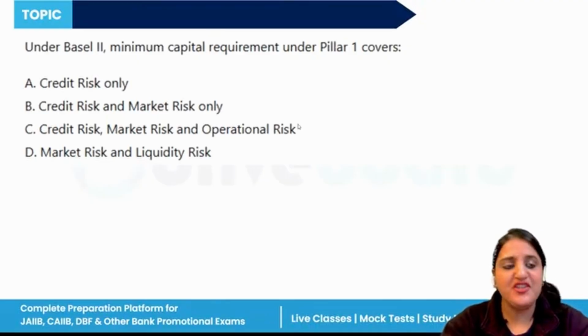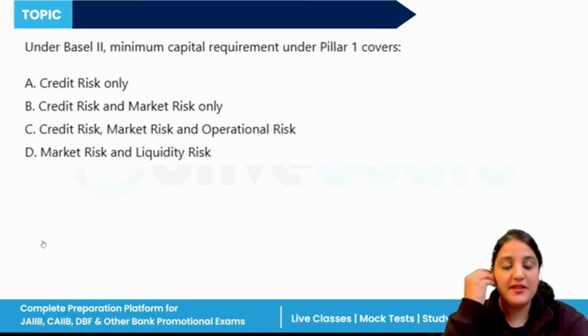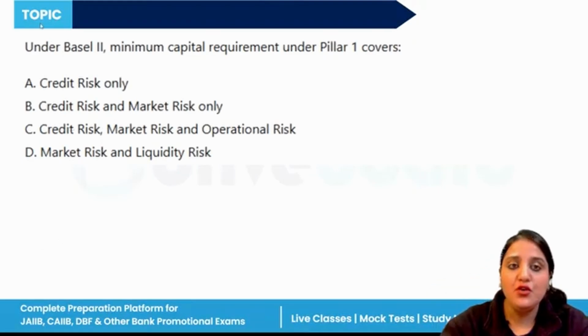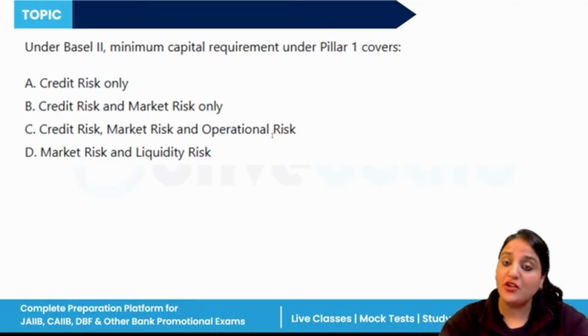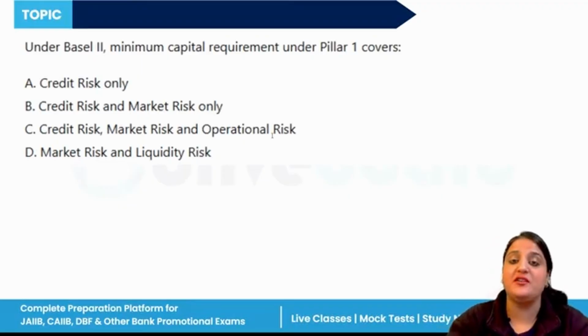Imagine you are a branch manager of a large commercial bank in Mumbai. One day a large corporate borrower applies for a 500 crore loan. You also have housing loans, you trade in government securities, and your branch handles thousands of digital transactions.